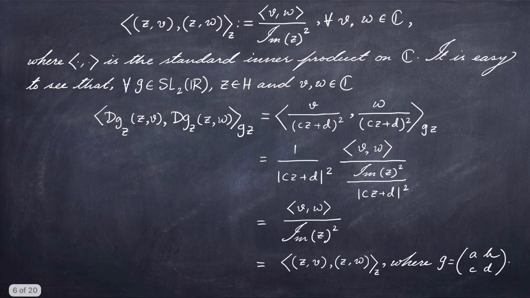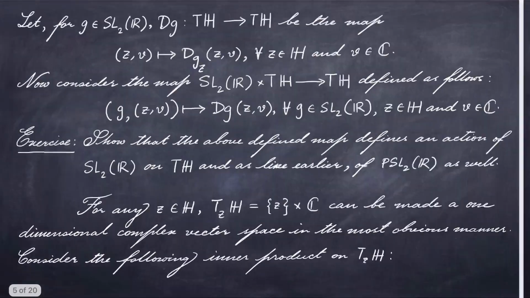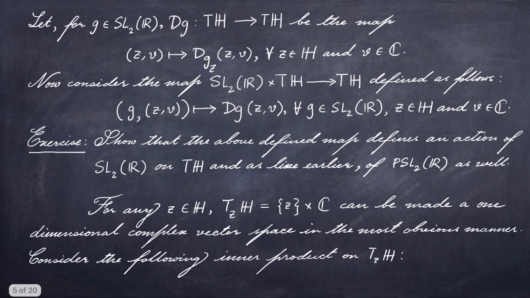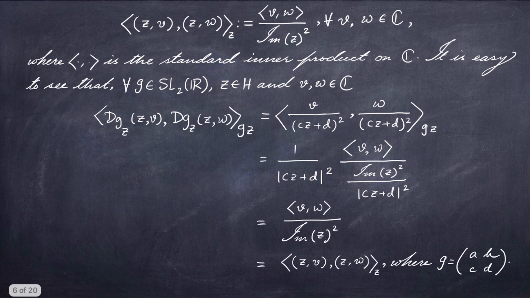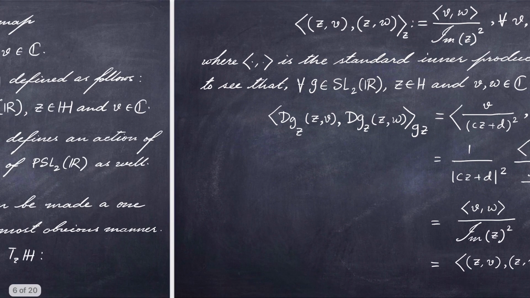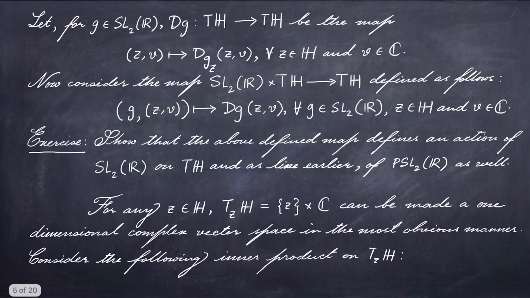So how is that inner product defined? If we take any pair (z, v) and (z, w), then this new inner product is going to be defined. So let me change it a little bit. This admits a natural complex vector space structure, one-dimensional.